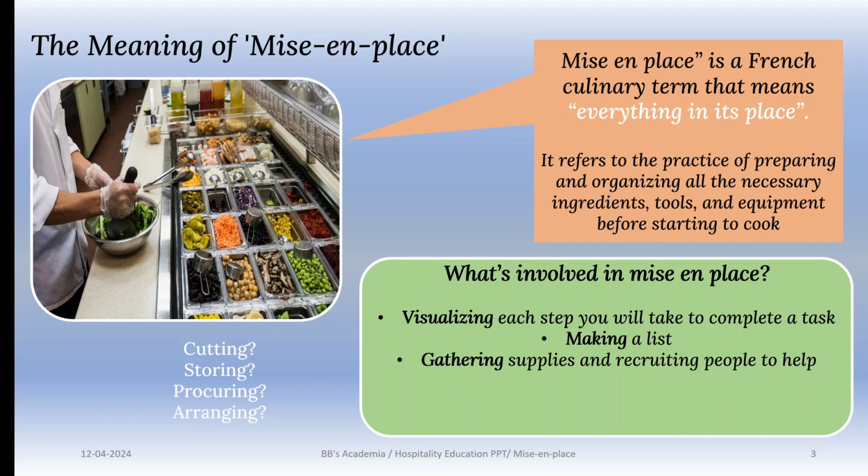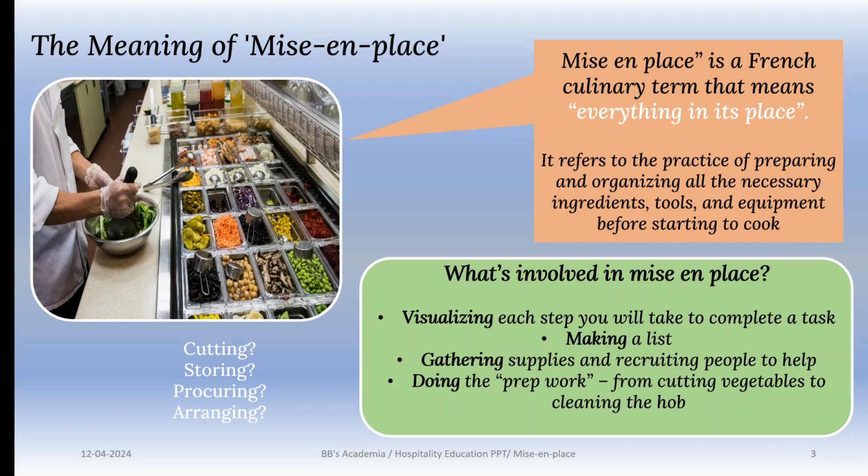Then comes the time for gathering supplies and recruiting the proper people for support and help. And then finally doing the prep work, that means preparation work, from cutting vegetables to cleaning the hob. Everything is included.